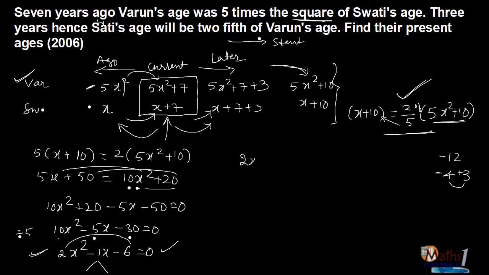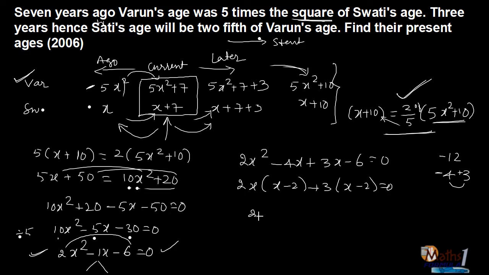That will be 2x square minus 4x plus 3x minus 6 equals 0. 2x I can take common, x minus 2 is left, plus 3, x minus 2 common, 2x plus 3 is left.